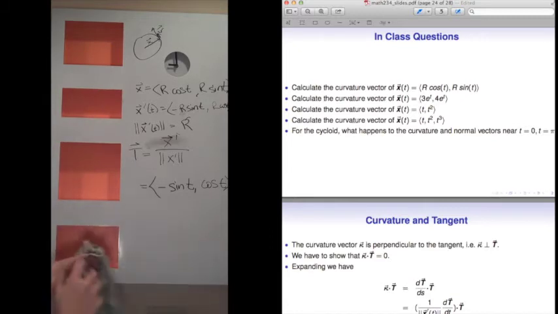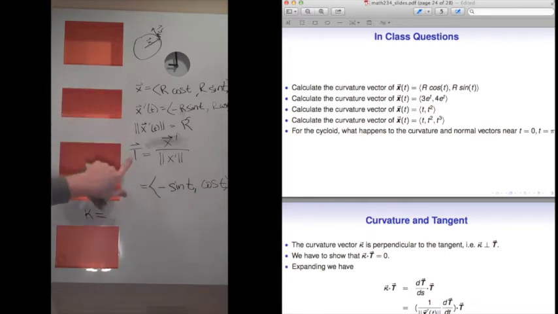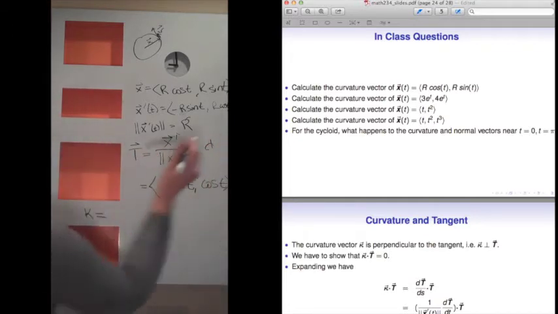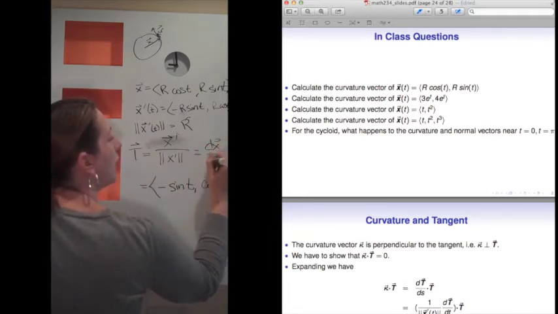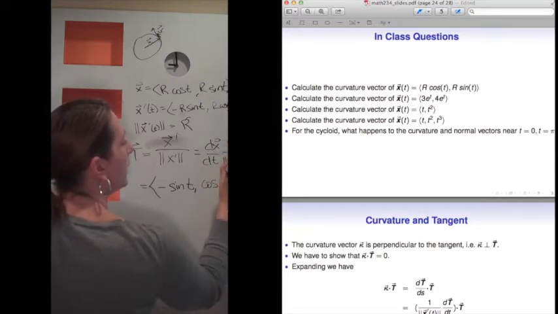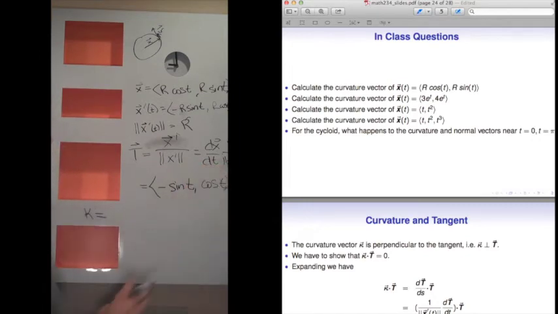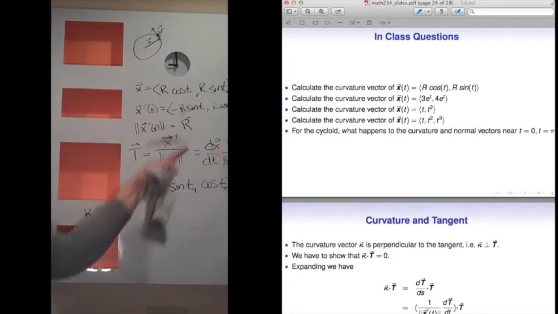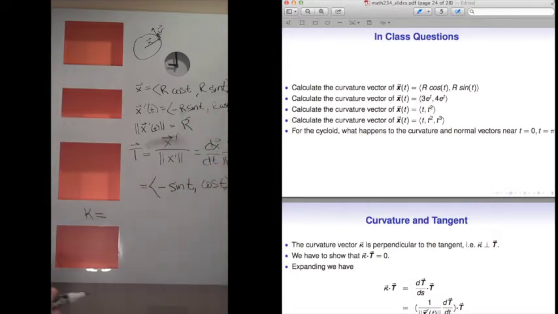And we want to go one step further, so we want our kappa to be twice where we do this operation where we differentiate with respect to t and then divide by this length. So we're going to differentiate, divide by r, differentiate again, and divide by r, and that's going to give us our kappa. Okay, so let's try it out.